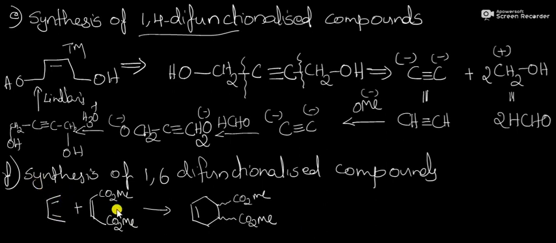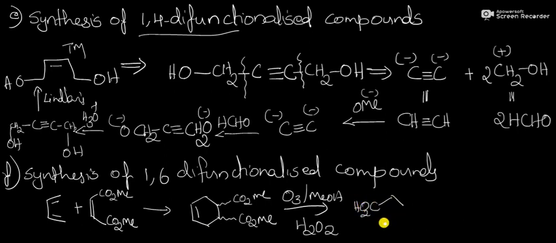We get a cyclized compound which on treating with ozone, that is ozonolysis, followed by oxidation with hydrogen peroxide, this double bond will be cleaved and it is converted into acid, CO2H, CO2H, and we get 1,6-difunctionalized compounds.